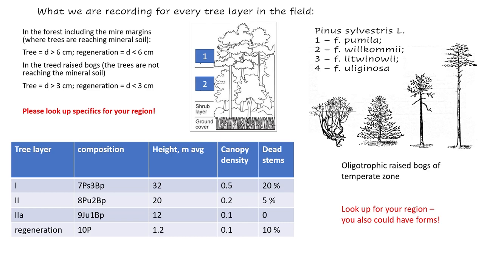You have to look up your region. There could also be such forms in other geographical areas. However, I think that in the tropics, where there are plenty of tree species growing in the peatland, there is no such problem. In the temperate zone raised bog, there is only one species of tree which can survive this. The birch is also left behind at the margins.